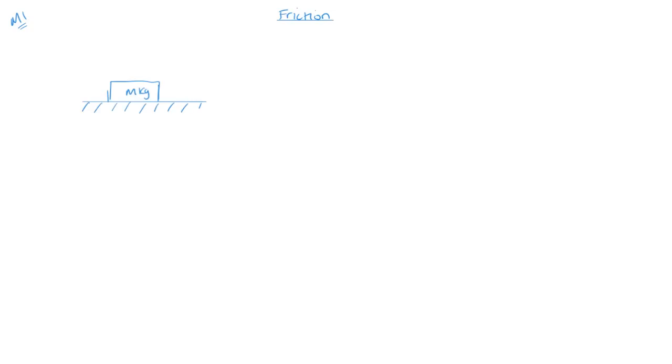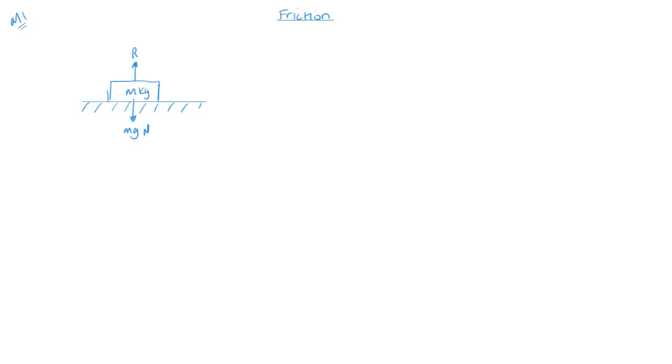Now, if I have a box like this box here, it's got a normal reaction to the surface, R, and it's got the weight pulling it down, which is mg in newtons. Okay, now if I apply no forces to this, then obviously it's going to stay stationary.